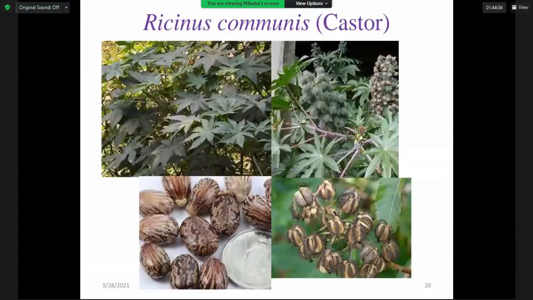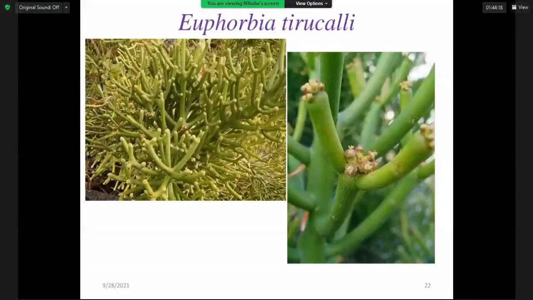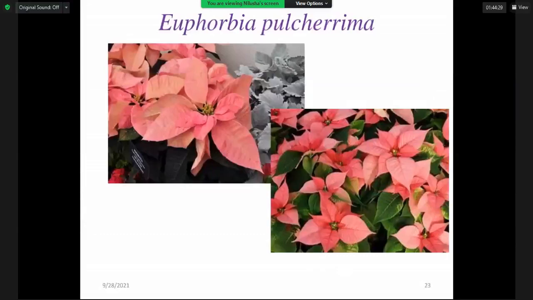Next one is manioc, cassava. This one is Euphorbia tirucalli. This one is Euphorbia pulcherrima.